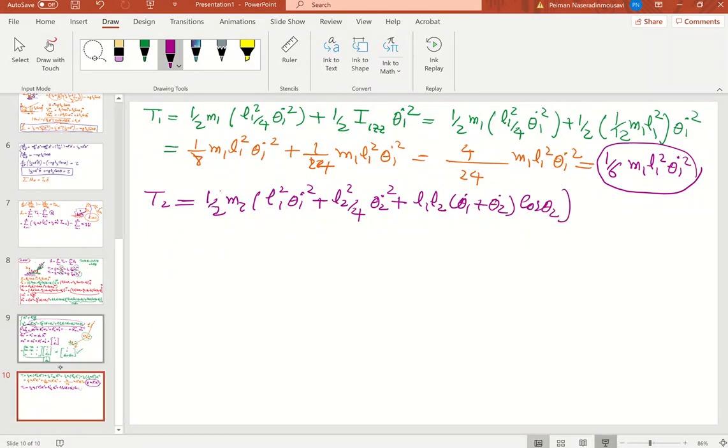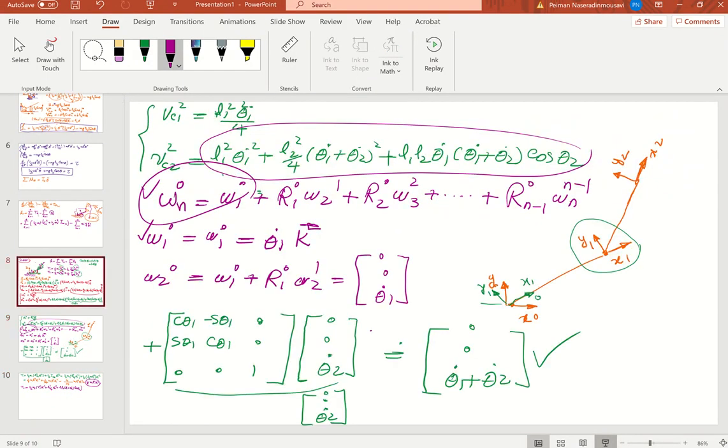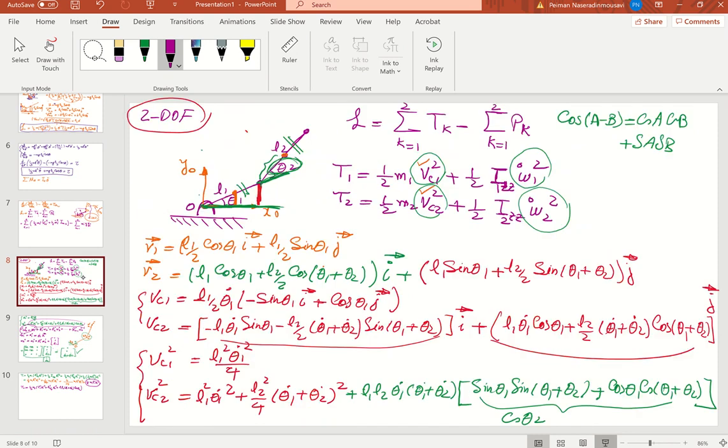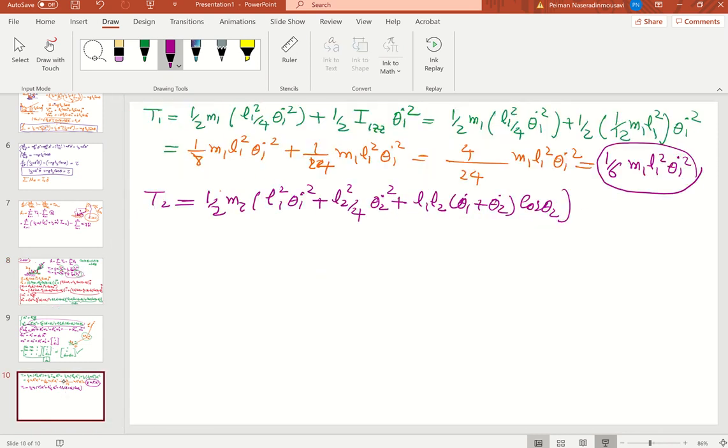This is the first term of that. Plus, get here, guys, 1 over 2 times 1 over 12 IZ M2 L2 square, in omega.